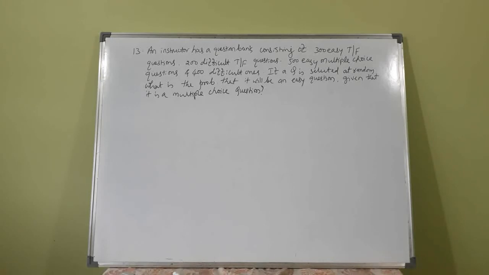Okay. If a question is selected at random from the question bank, what is the probability that it will be an easy question given that it is a multiple choice question? Okay.